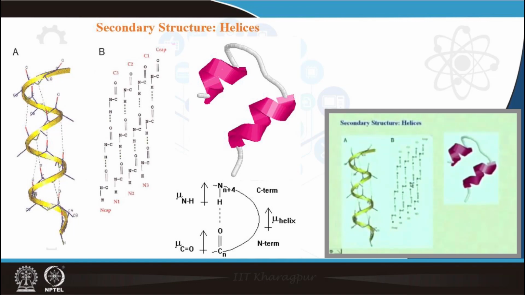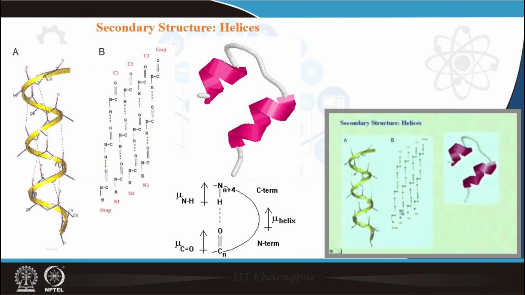What do we have the hydrogen bonding between? The NH of this and the CO of 2. In this case, in the one with 2 and 2 plus 4, that is 6. It is the second amino acid, number 2, that is contributing to the hydrogen bonding here: the CO of residue number 2 and the NH of residue number 6.